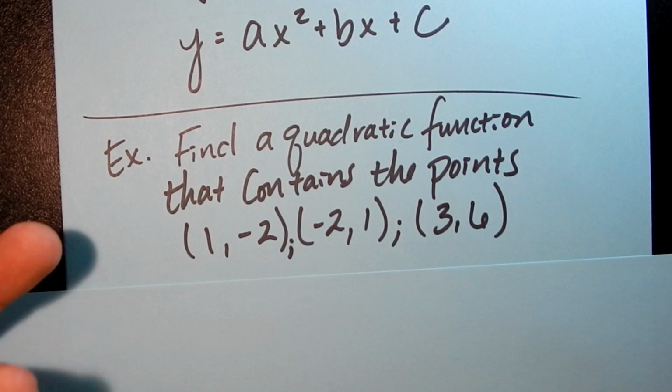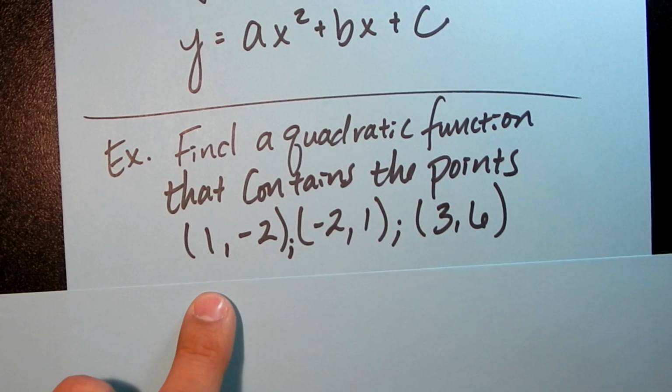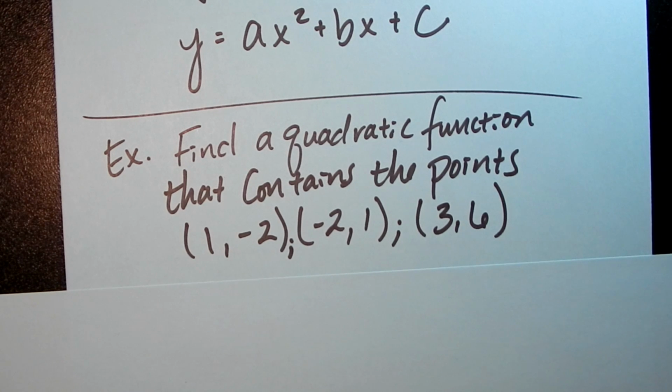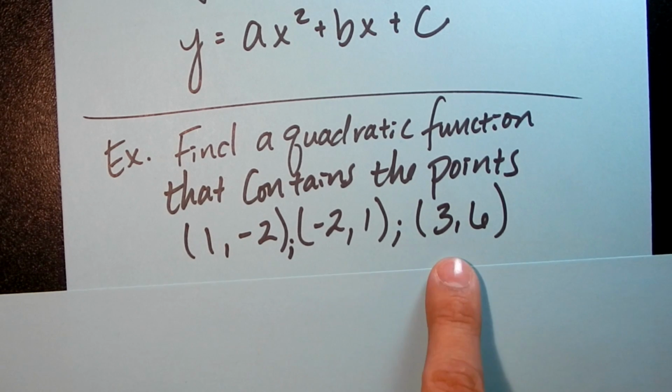Now, when we're solving a problem like this, one thing we have to be careful about is the 3 points can't be vertical from each other, so you can't have 2 points with the same x coordinate.